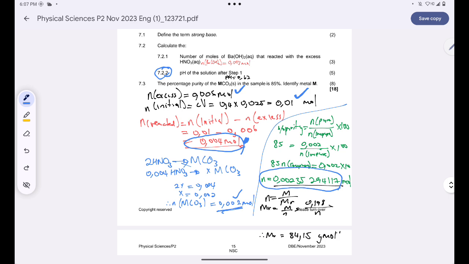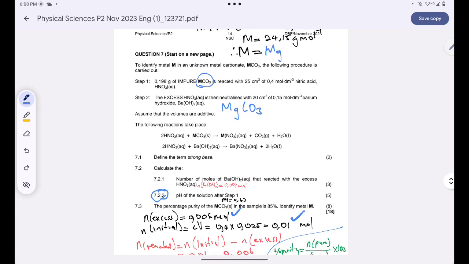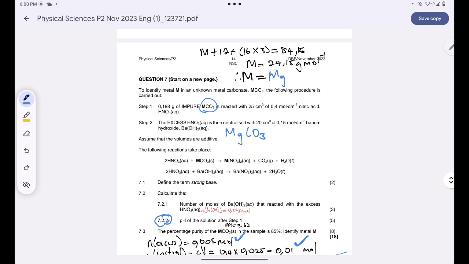After finding the molar mass, it will be easy for me to identify which metal is represented by M. Because I know that whenever I sum up the molecular masses for my elements, they must always give me 84.15.